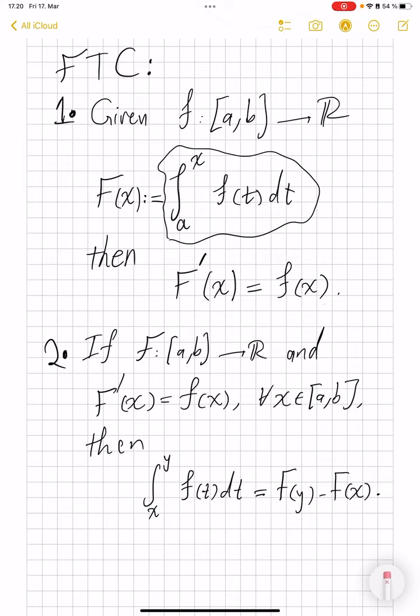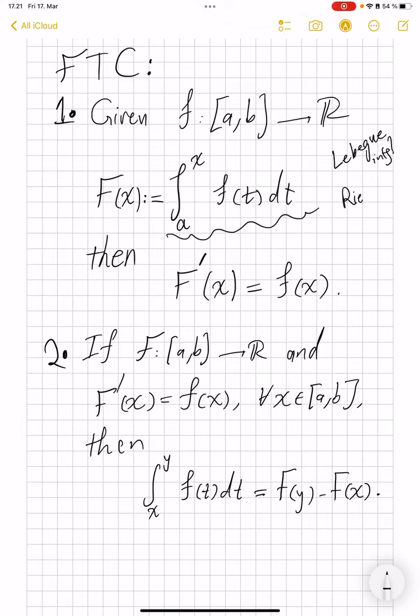The second question is, what if we are talking about the Lebesgue integral? What happens then? And is it everywhere or almost everywhere? Okay, that's a good place to start and investigate.